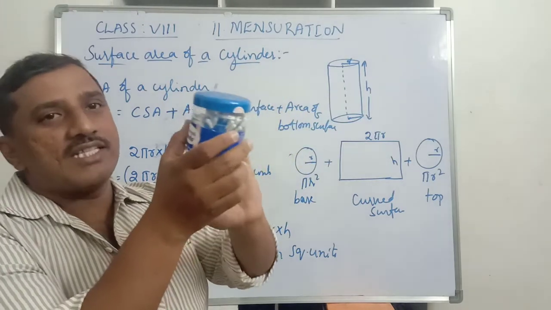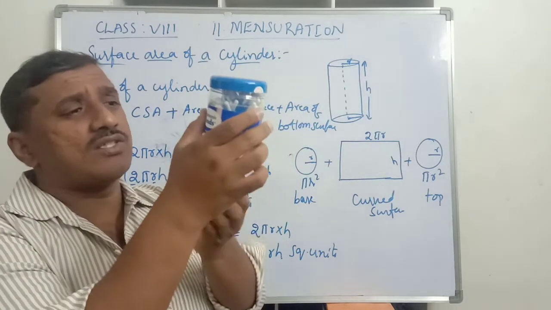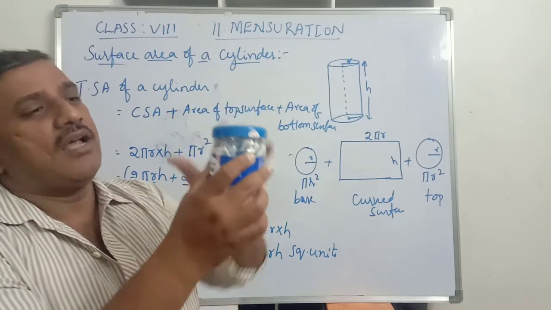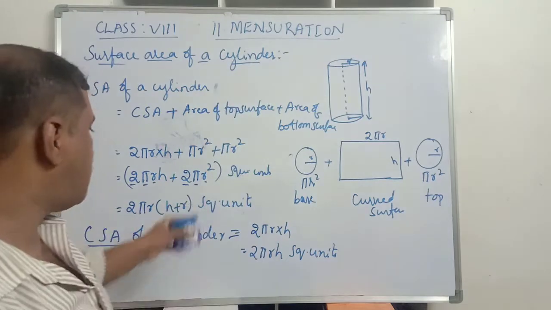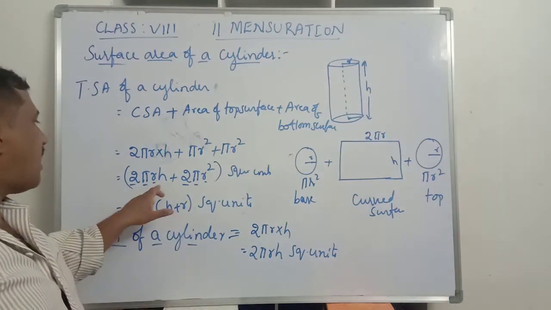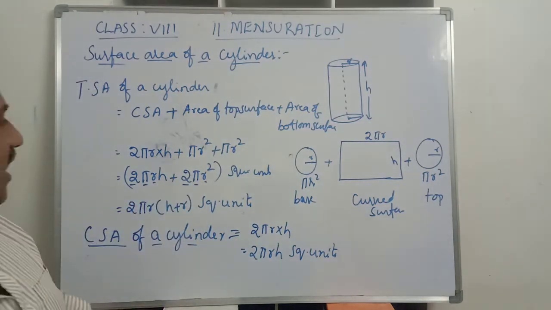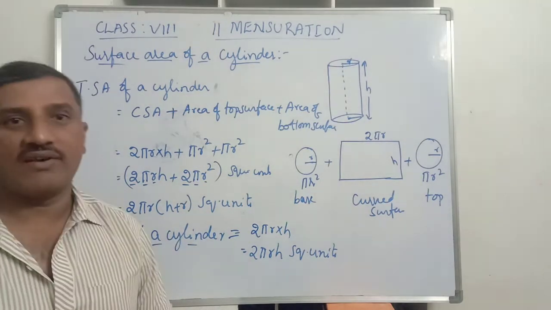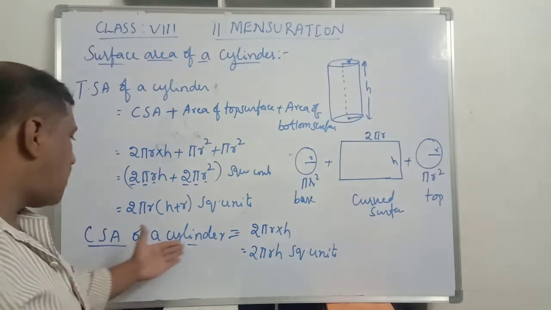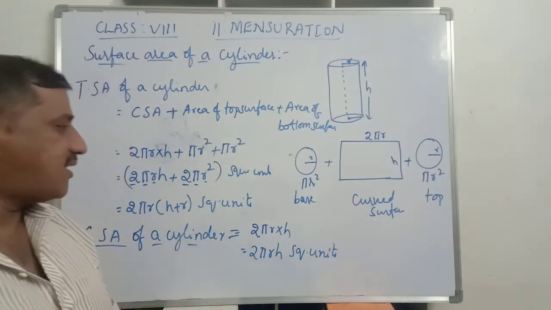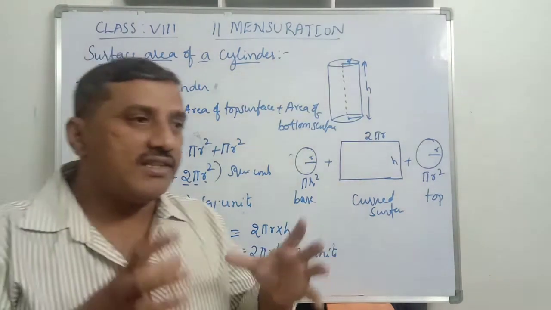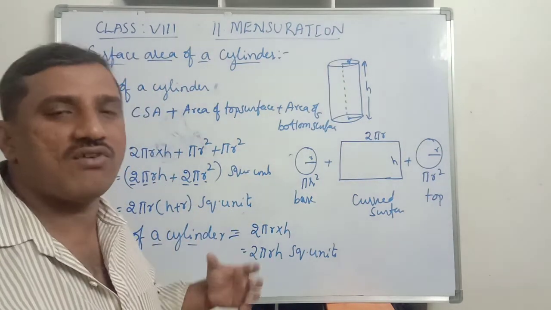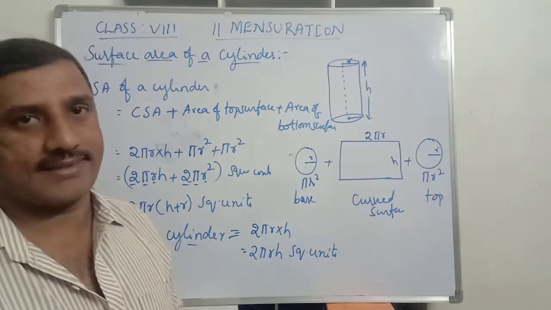So the area of this cylinder is equal to the area of the bottom surface plus the area of the curved surface plus the area of the top surface, which gives us 2 pi r h plus 2 pi r square units, or 2 pi r into h plus r square units, and the CSA of a cylinder is 2 pi r h square units. Now with these formulas we will solve some questions. Is it clear, children, how we derived the formulas? Yes.